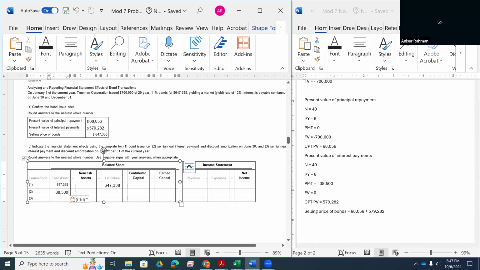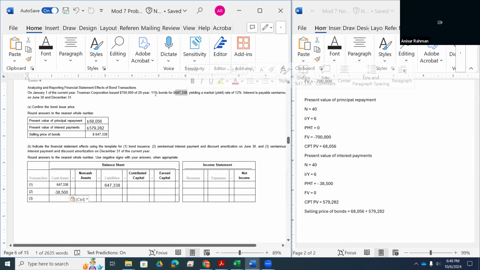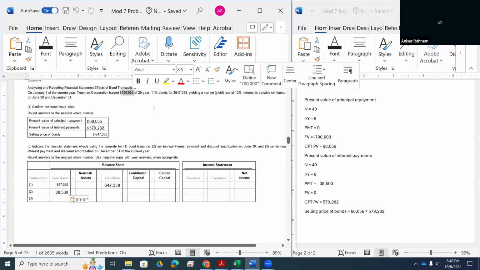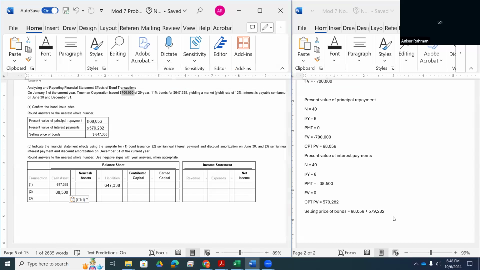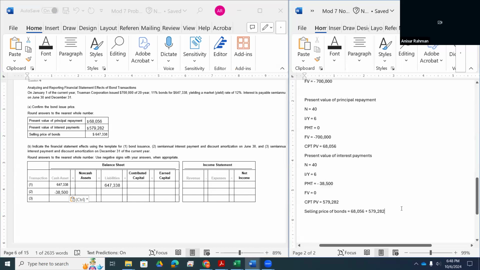Now, because the bond is selling at a discount, that means the price of the bond is less than the face value of the bond. So that is what is called a discount bond. Because it is selling at a discount, its interest expense will be different from the cash interest expense. Its interest expense on the income statement will be different from the cash interest expense.